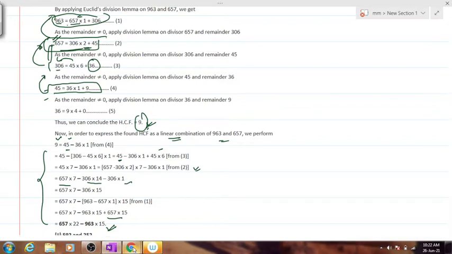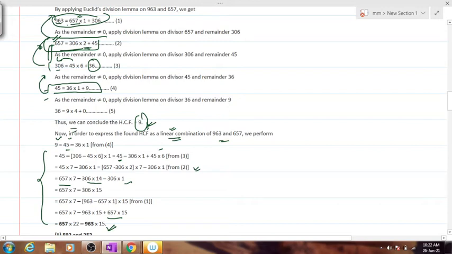Everyone complete the HCF first. Ready? Can you start with performing the linear combination one?